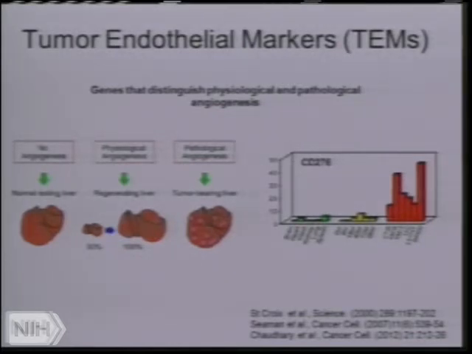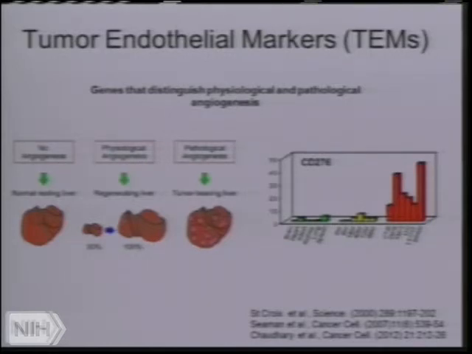He actually took different approaches, but this is one of them. He used the normal vasculature in normal resting liver as normal vasculature. He used regenerating liver as an example of physiological angiogenesis. You cut a liver, the liver grows back, and that process is very much dependent on angiogenesis, so we can consider that physiological angiogenesis.